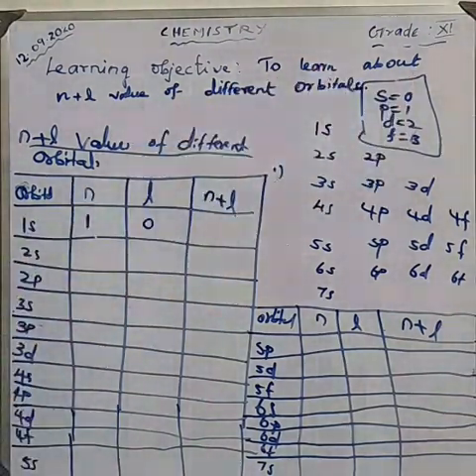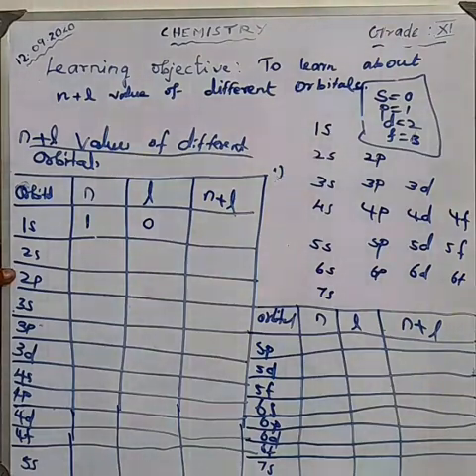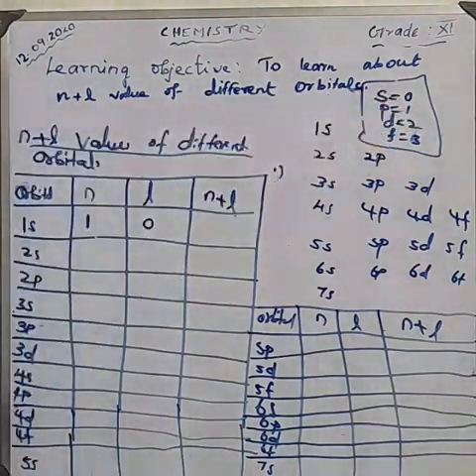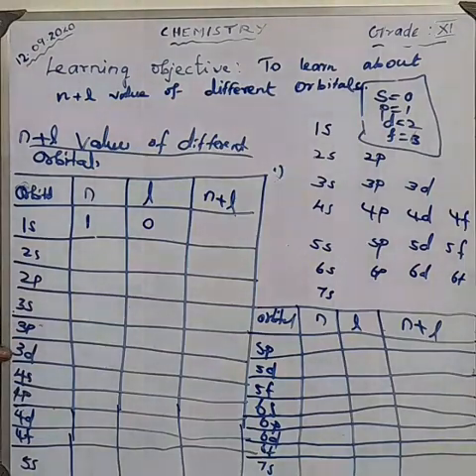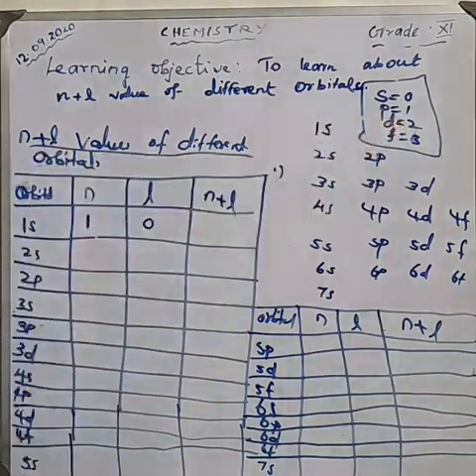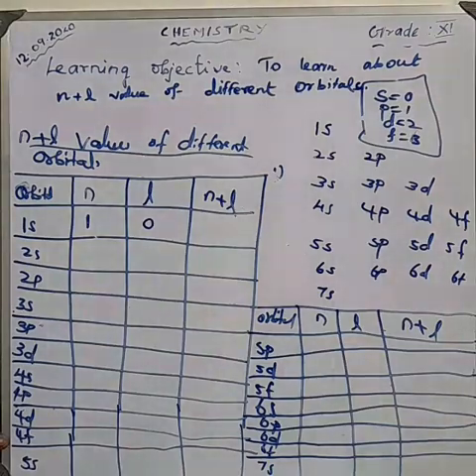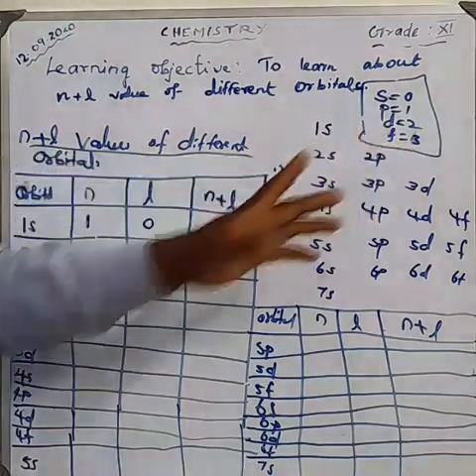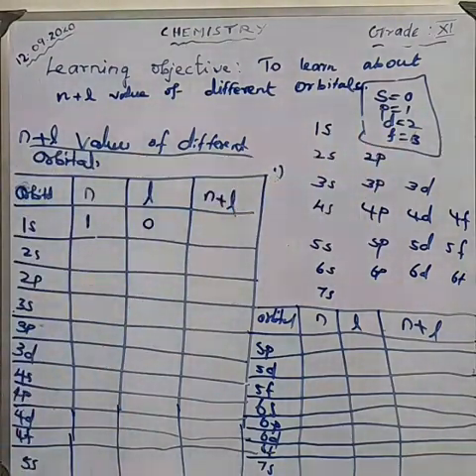What about the p value? All the p values, that means 2p, 3p, 4p, 5p, 6p, the value is 1. And all the d values, 3d, 4d, 5d, 6d, the value is 2. And all the f values, 4f, 5f, 6f, the value is 3. This is the basic principle.